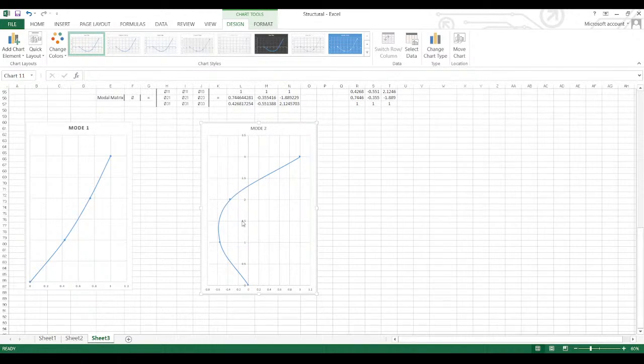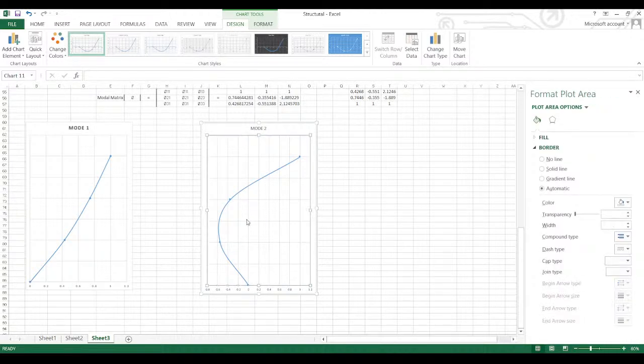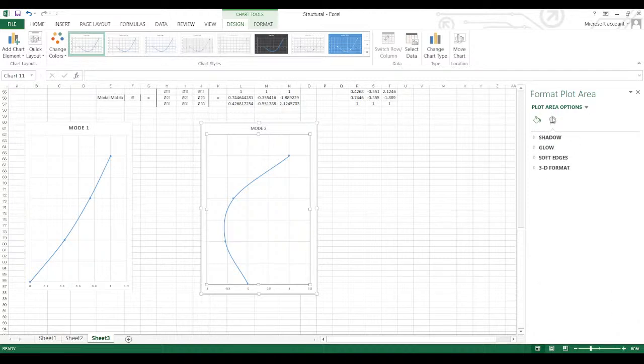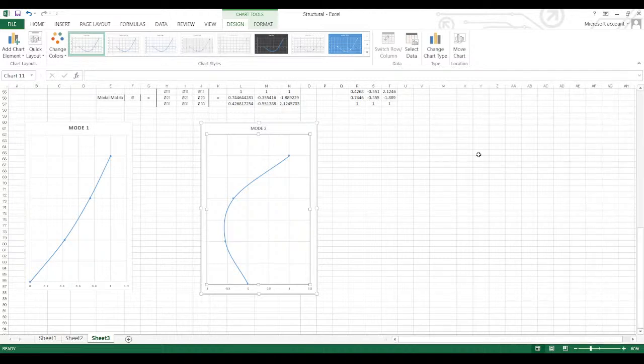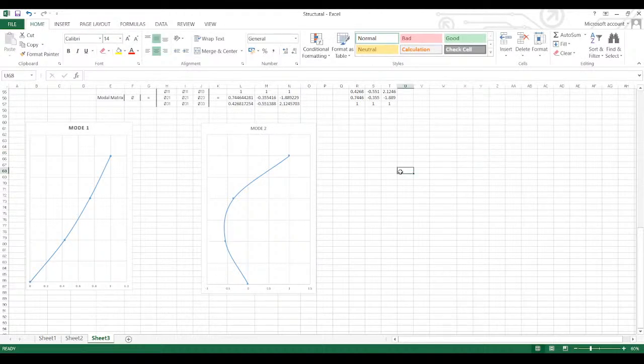This is our modal matrix, to delete this. If we have to draw a line, then solid line, border, transparent line, beginning arrow, fill, set. All right. This is our second one.